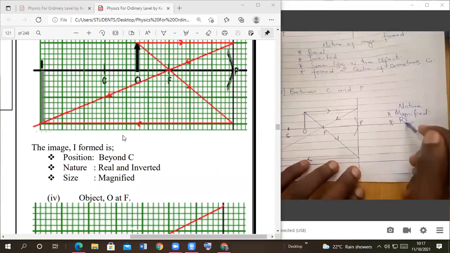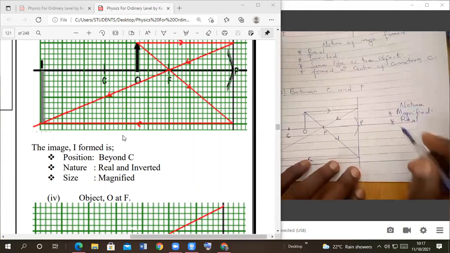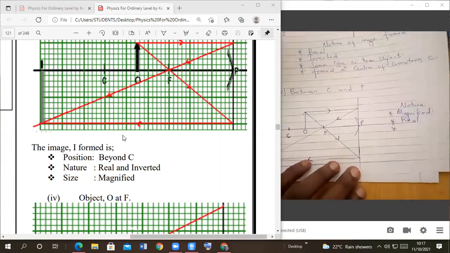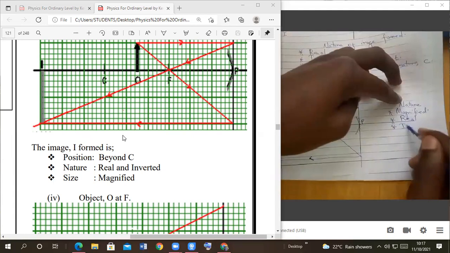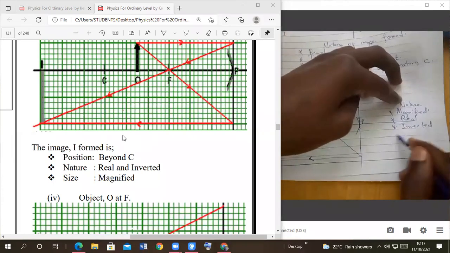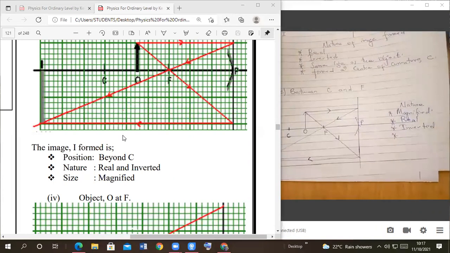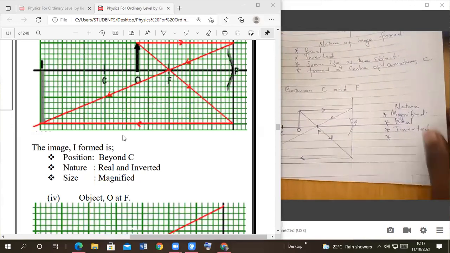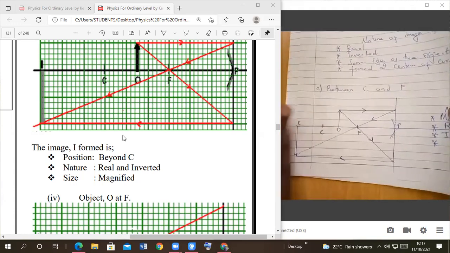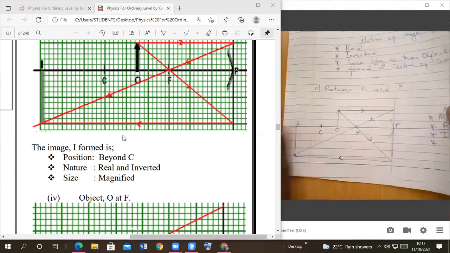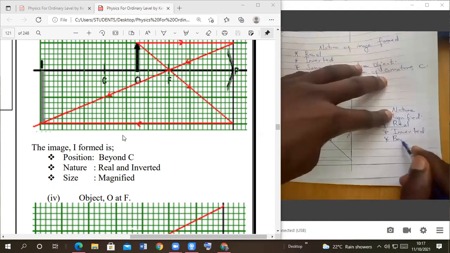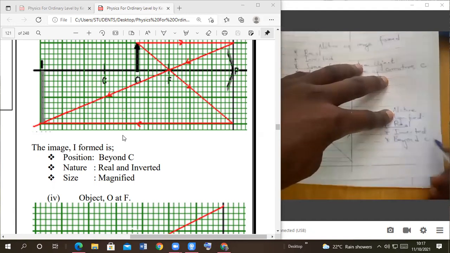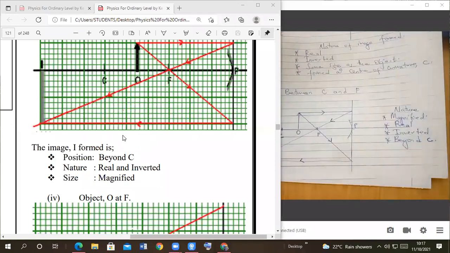The image is real. The image is inverted. The image is formed beyond center of curvature. Yes, it's beyond C. As simple as that.